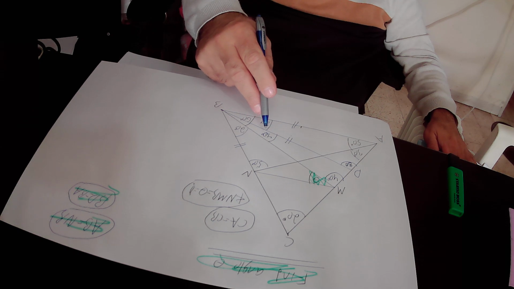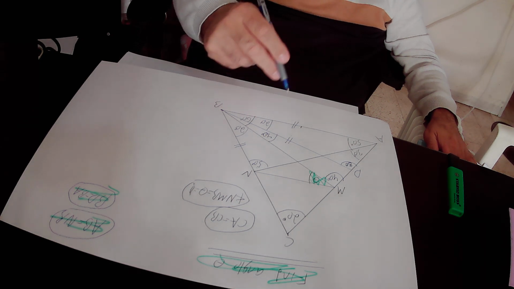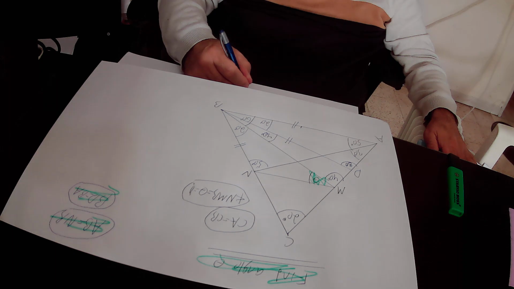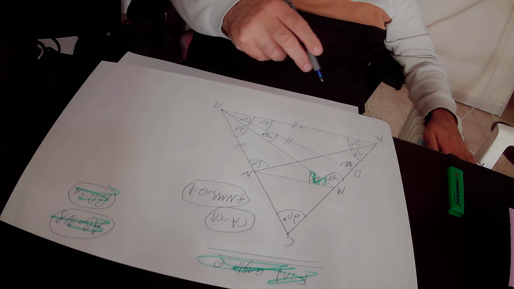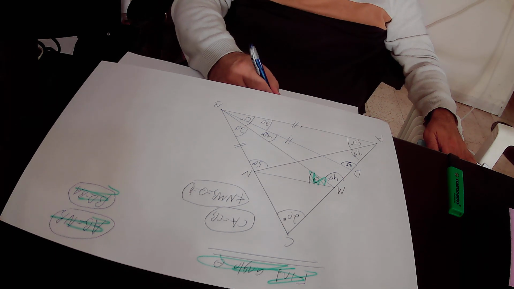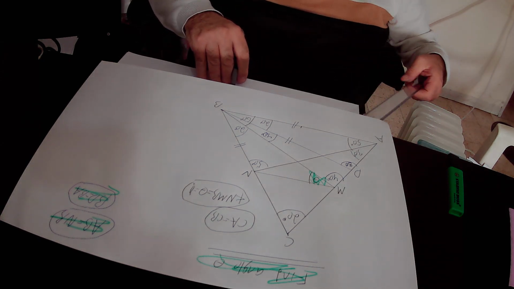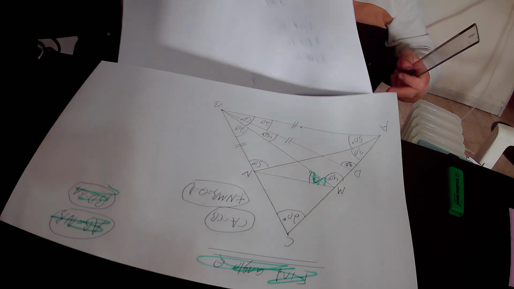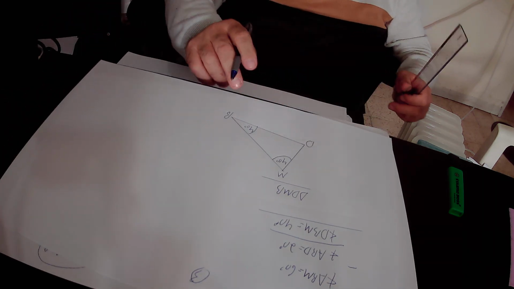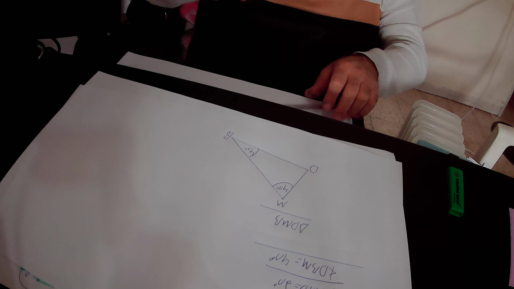We just found out that angle DMB equals 40 degrees, and we had already found out that angle DBM also equals 40 degrees. This is triangle DMB that I copied from the original drawing.